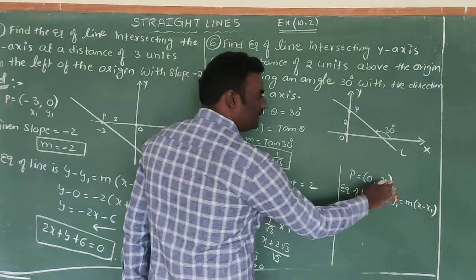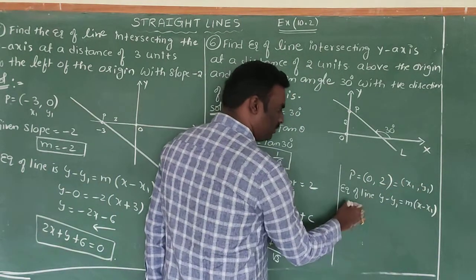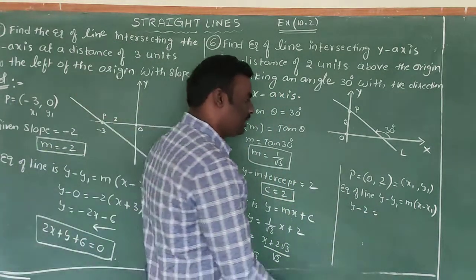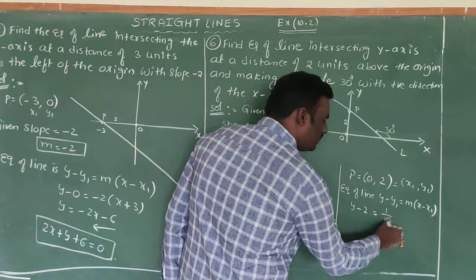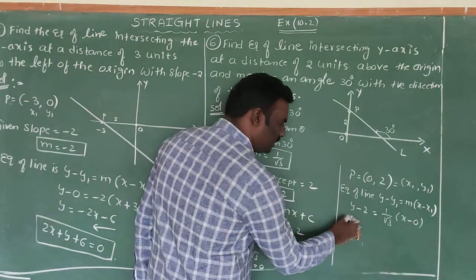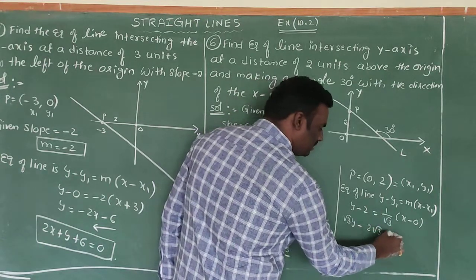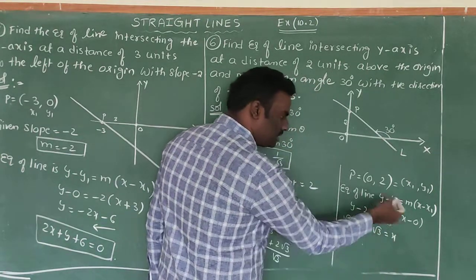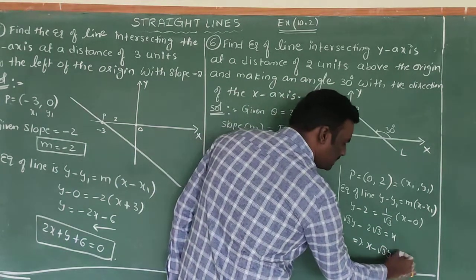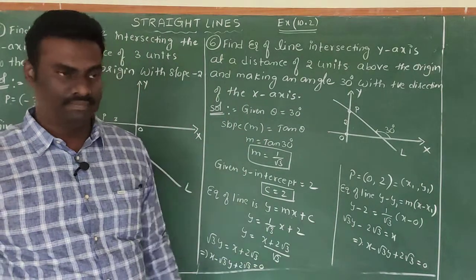Then this is x1, y1. Substitute: y minus 2 is equal to m. Already we got how much? 1 by root 3 into x minus x1. Cross multiply. Root 3 into y, root 3 into 2, 2 root 3, that is equal to x. Then you send that side, x minus root 3 y plus 2 root 3 is equal to 0. You will get the same answer.